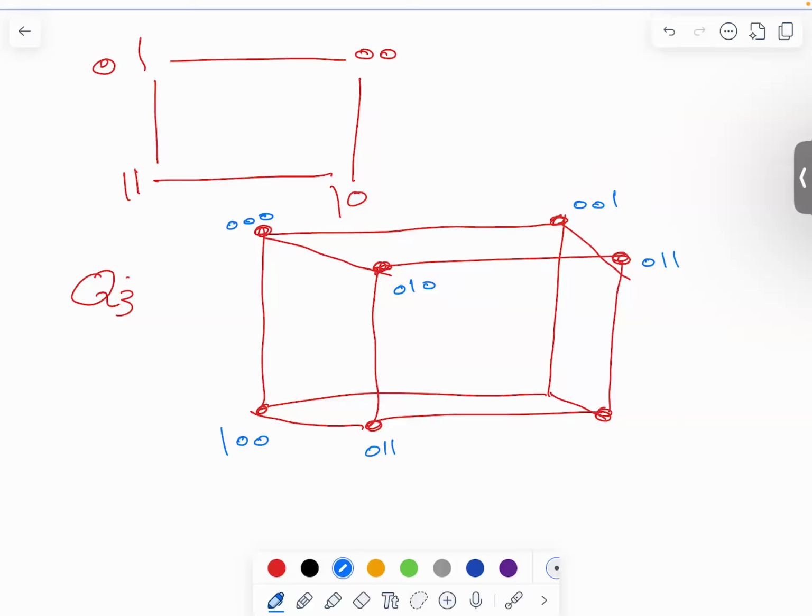No, it can't be because it's already used. It's already here. Can be 1, 1, 0. What about this one? 1, 0, 1. Can be 1, 1, 1. Yeah, we are done.